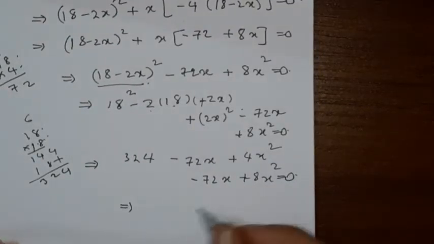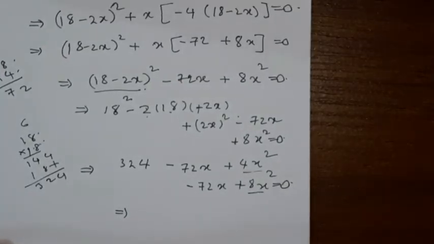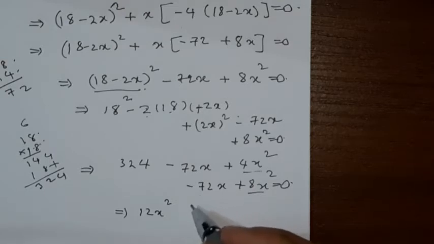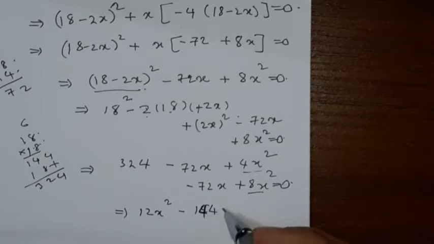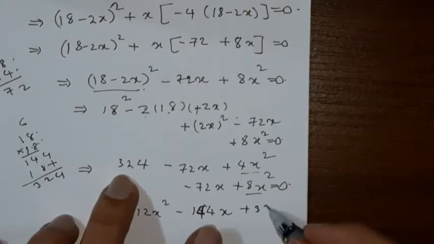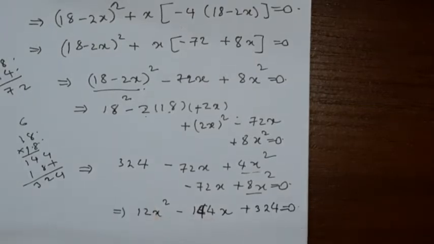So that means 8 plus 4 is 12x square. Then minus 72 will be how much? So 144x. Then this plus 324 equal to 0.